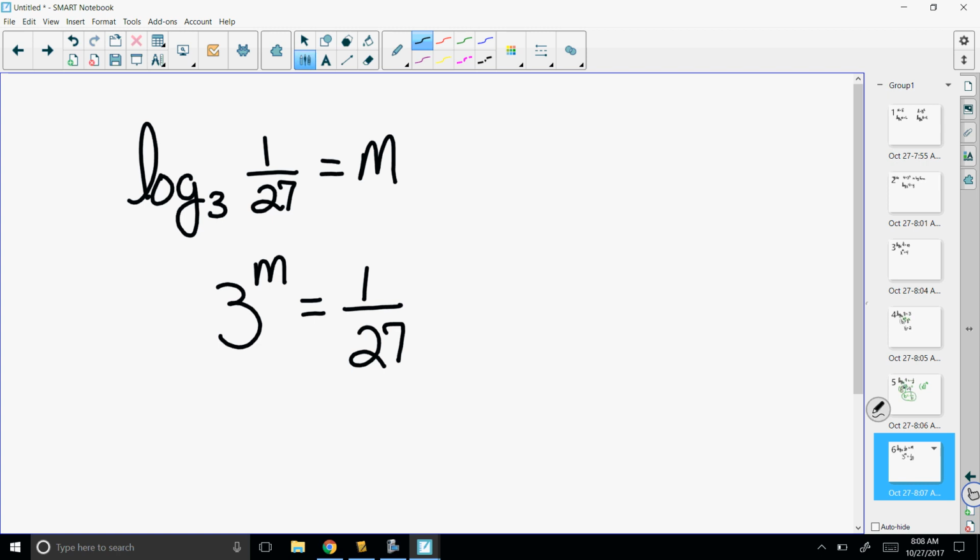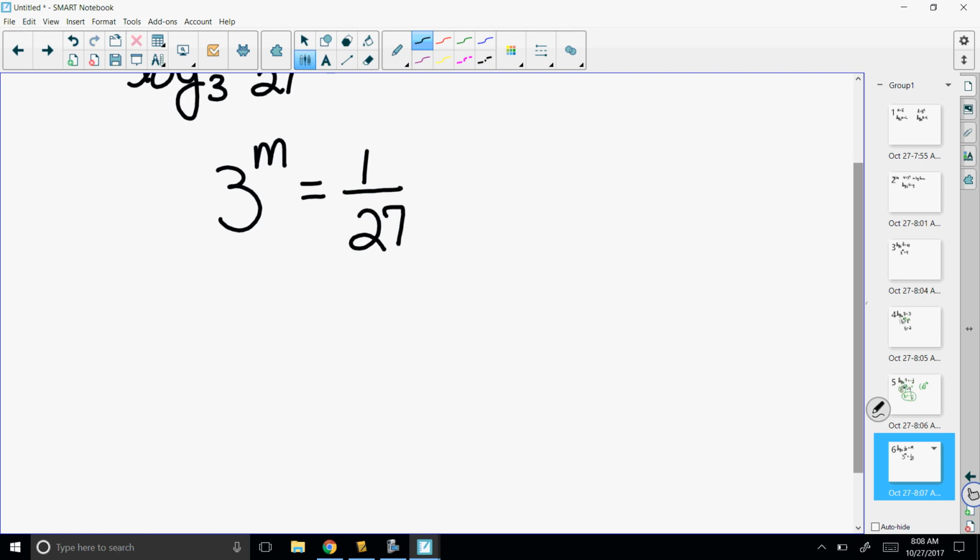Now I don't know an inverse operation of a power of m, but what I can do is take what's on the right-hand side of the equation and write it as base 3. Put it as the same base as what's on the left-hand side. So I would have 3 to the m is equal to 1/27th, which is the same thing as 3 to what power?